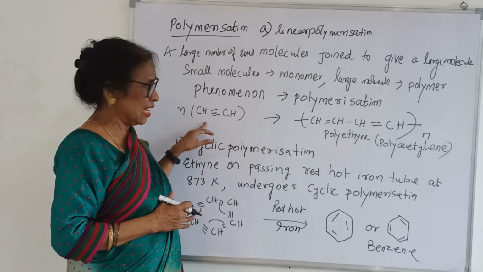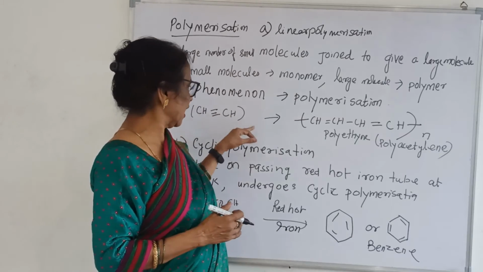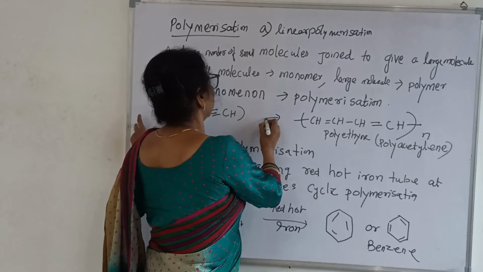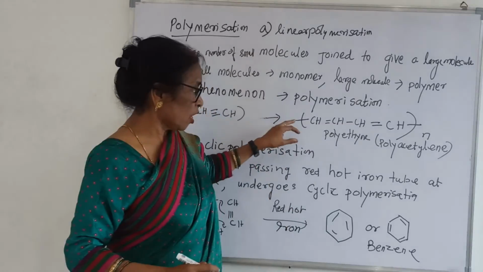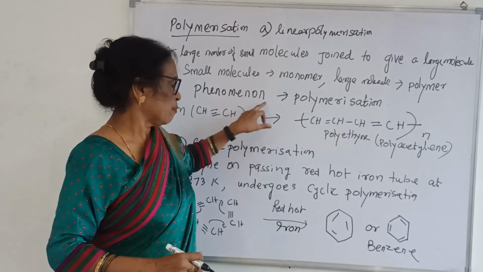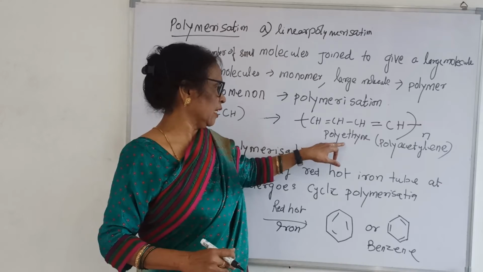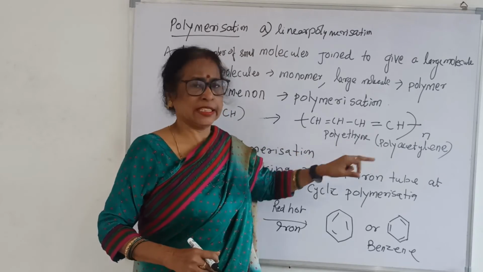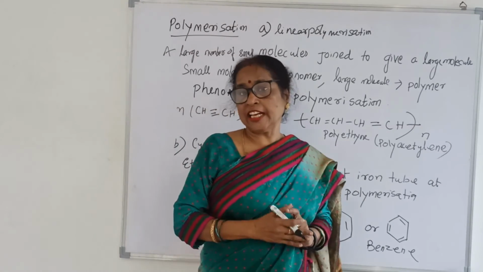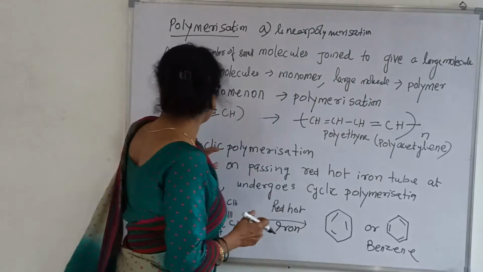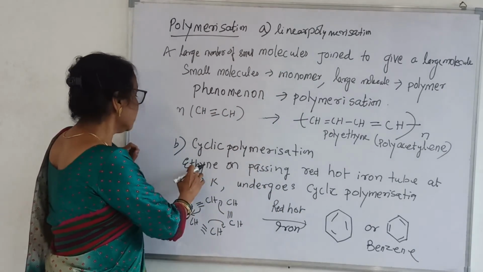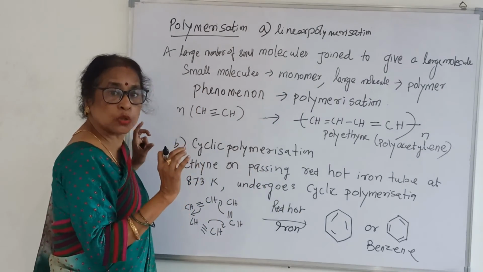Now let it be acetylene or ethyne, then under a particular condition it gives polyethyne, polyacetylene. Then come to cyclic polymerization. Cyclic polymerization means here it will give a closed structure.